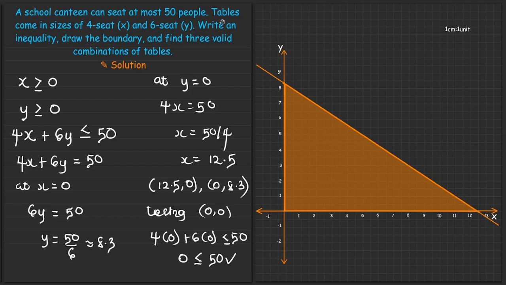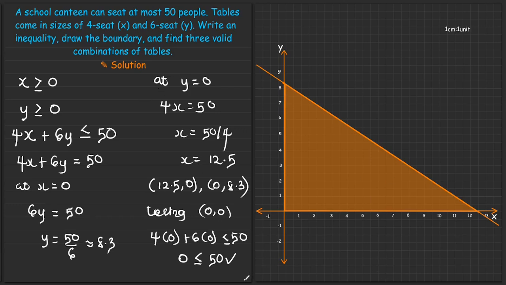But the question was, we have to find three valid combinations of tables. Now, any coordinate at all over here is a valid combination. But specifically, if you want the canteen to be full, then you are going to focus on the points that are on this line.